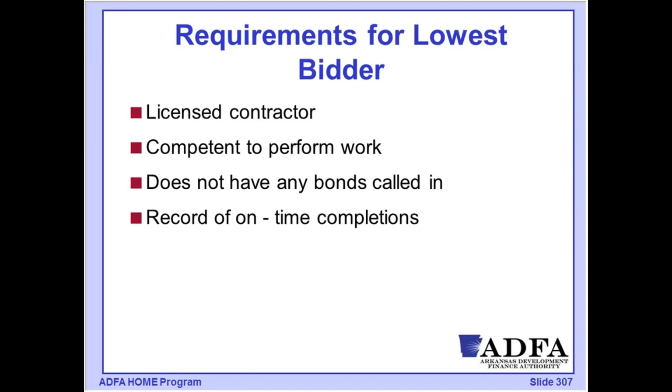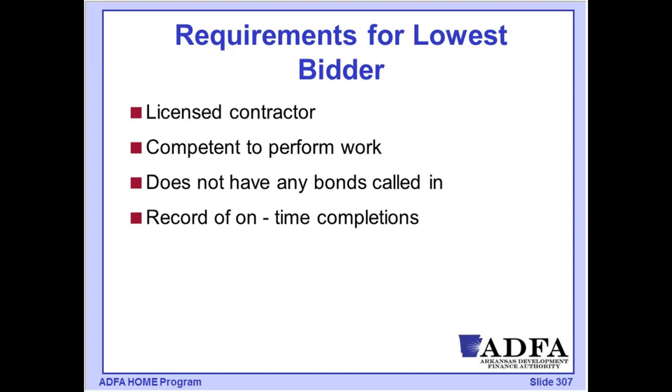So the requirements for awarding that contract to the lowest bidder: they need to be a licensed contractor. They need to be competent to perform work. And here's where some of that information collected over time from past experiences is going to be used to define whether we believe that this contractor actually is competent.